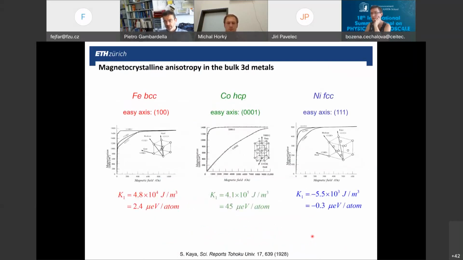So that explains the magnetocrystalline anisotropy in different materials. Here you see for the bulk 3D metals, we have different easy axes that also depend on the symmetry of the system. And the magnetic anisotropy energy is typically expressed in terms of these anisotropy energy constants that are expressed as energy per unit volume or energy per atom, which are relatively small in bulk systems.